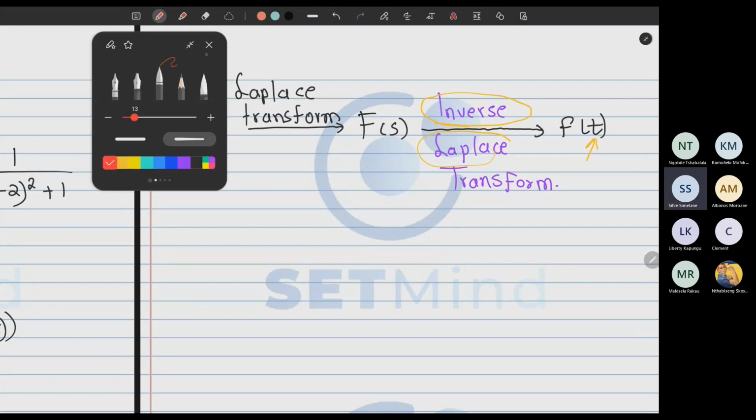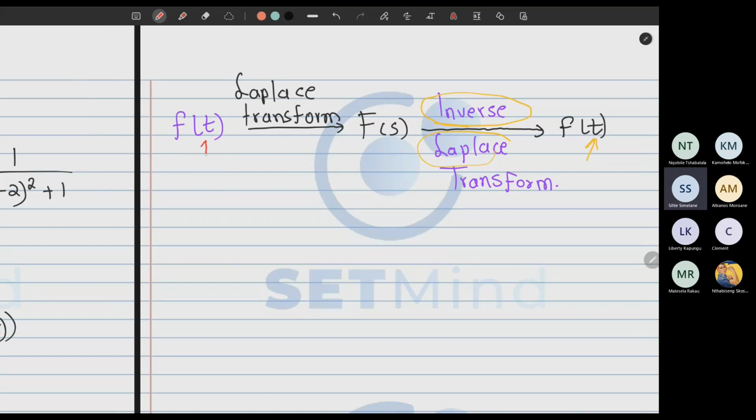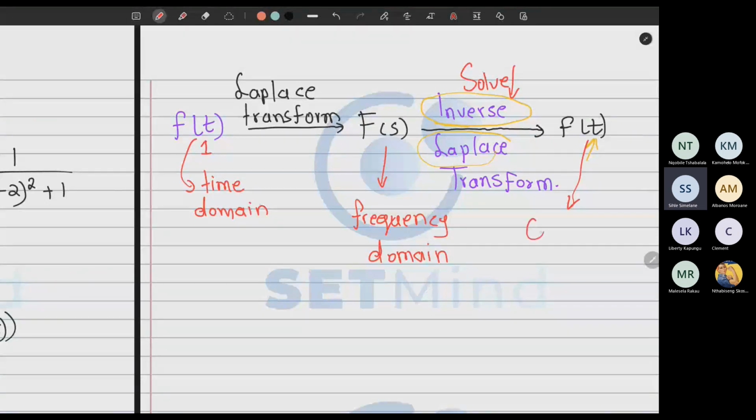So look at this carefully. We moved from the time domain to the frequency domain. And then we solve. So let's say here, we just solve this stage. Then after solving, we need to be able to go back to the time domain because our problem was presented in the time domain.